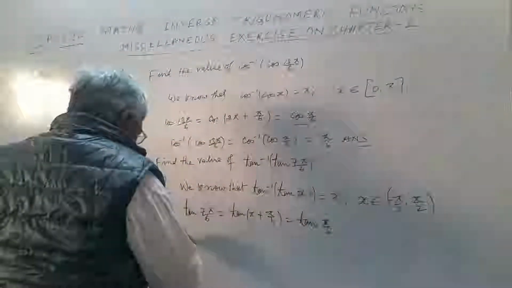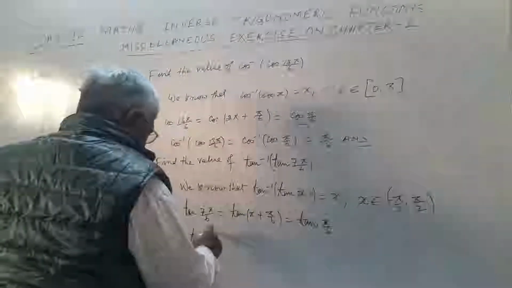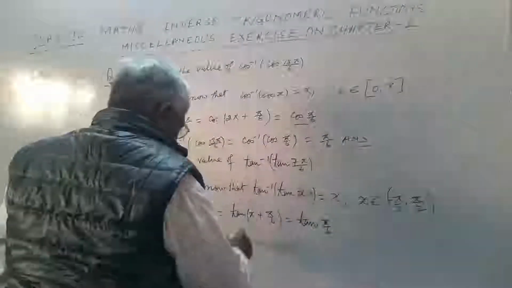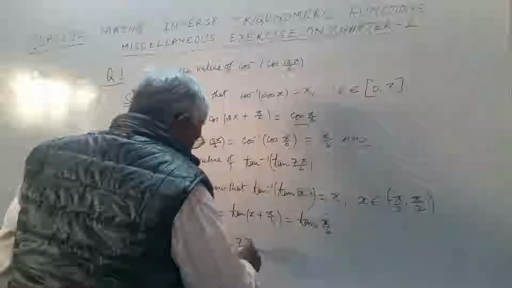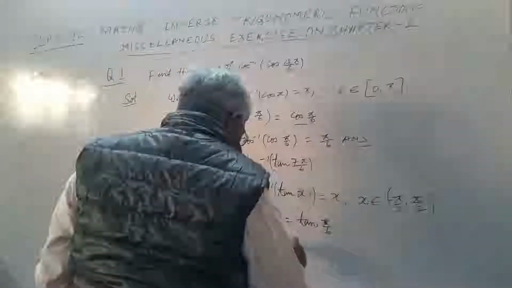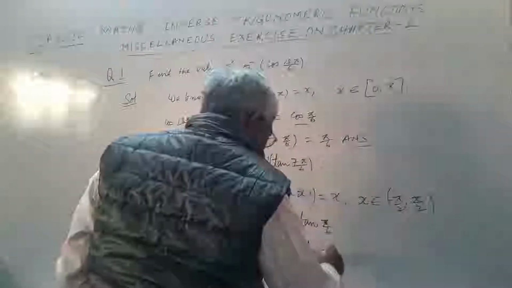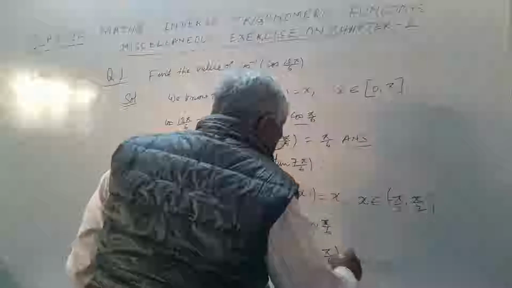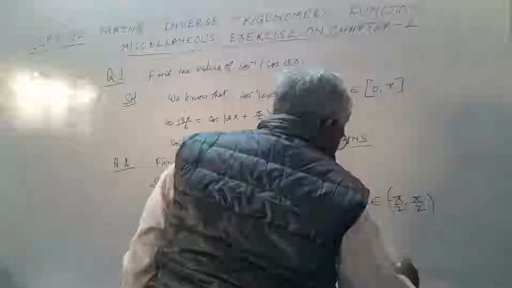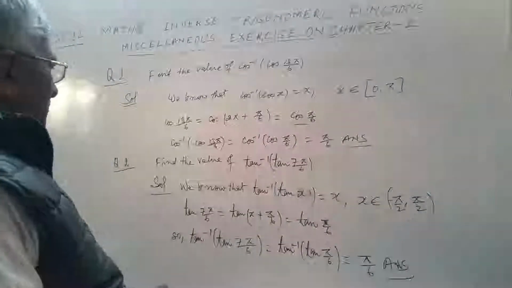So we can write now that tan inverse of tan 7 pi upon 6 is equal to tan inverse of tan pi upon 6, which is equal to pi upon 6. This is the answer of this question.